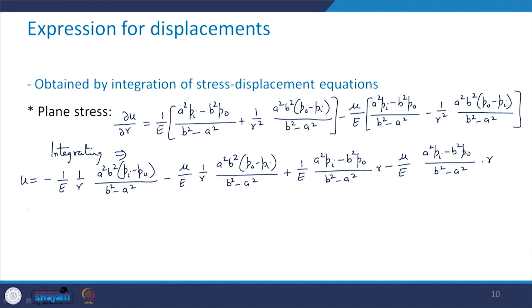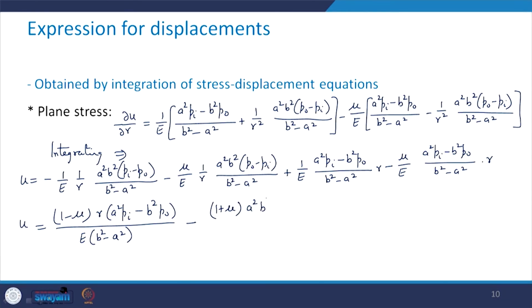Just solve this and you will get this expression in this form: (1 minus mu) (a square pi minus b square p naught) divided by E times (b square minus a square) minus (1 plus mu) a square b square (p naught minus pi) divided by E times (b square minus a square) into r. This is going to be equation number 12.